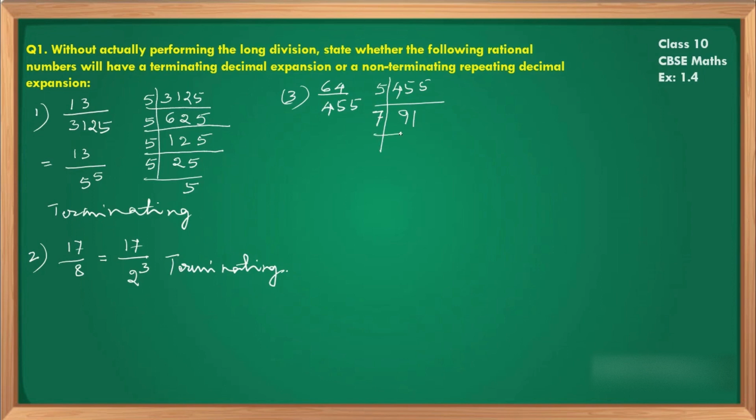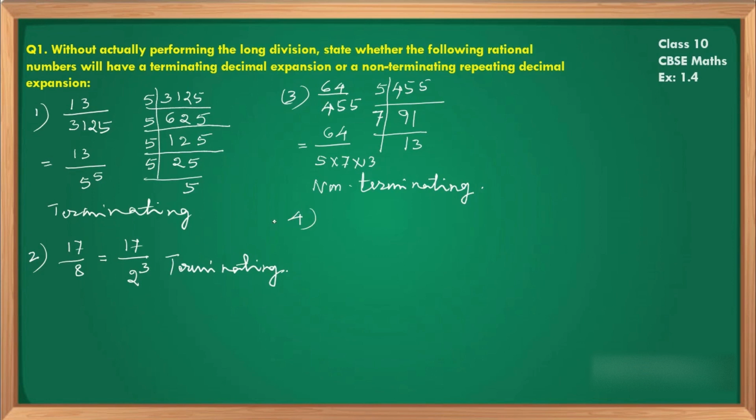You try with 7. 7 ones are 7 and 7 thirteens are 91. So this number can be written as 64 divided by 5 into 7 into 13. In the denominator you have 5, but along with that you have 7 and 13. Therefore this is non-terminating.